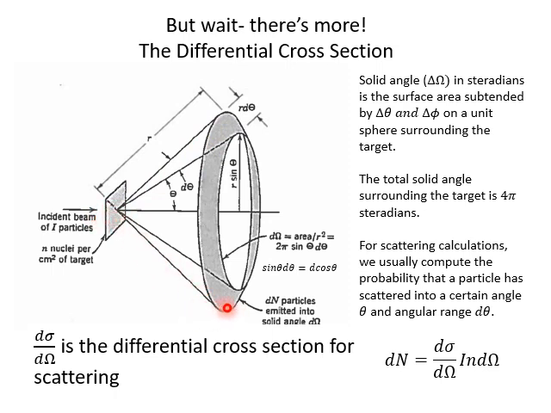So frequently, when we calculate the probability of something scattering into here, what we'll do is measure the probability of something scattering into an entire annular ring within a certain range of angles. What I am going to talk about on the next slide is the units that we use to describe this scattering event.